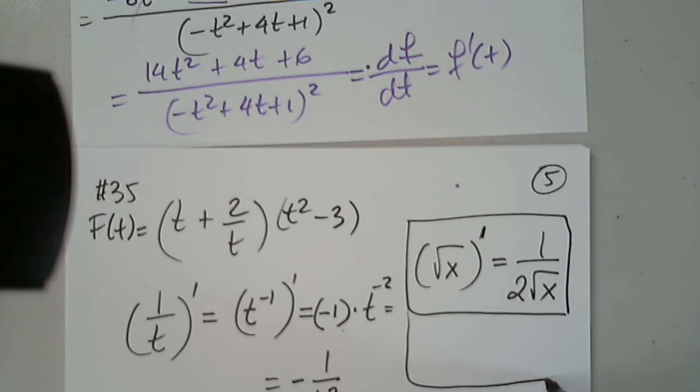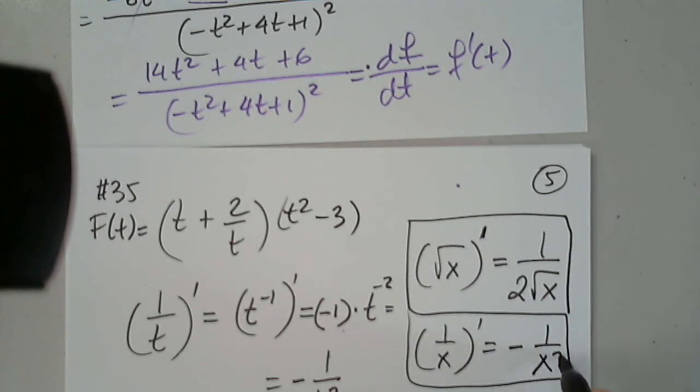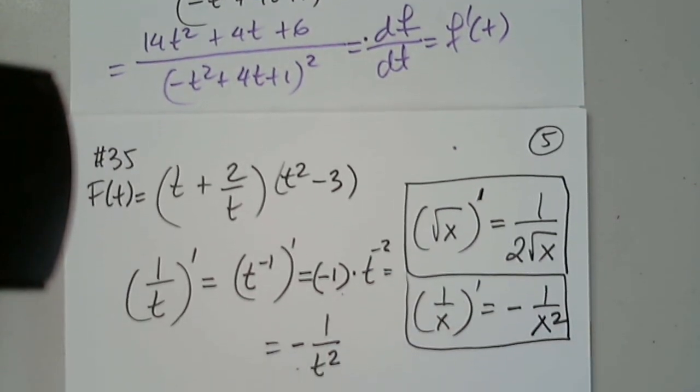Please add this in as 1 over x prime negative 1 over x squared. Moving forward, if we need to go back and check this every time, we're not going to make headway. So these should be carved in stone and remembered forever.